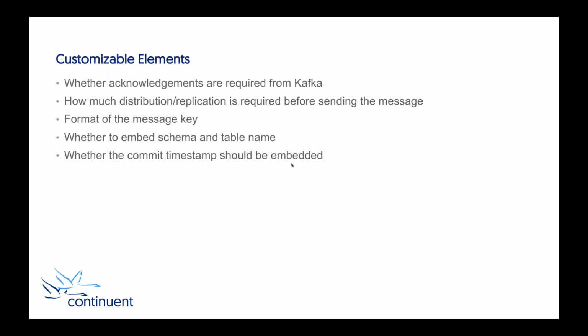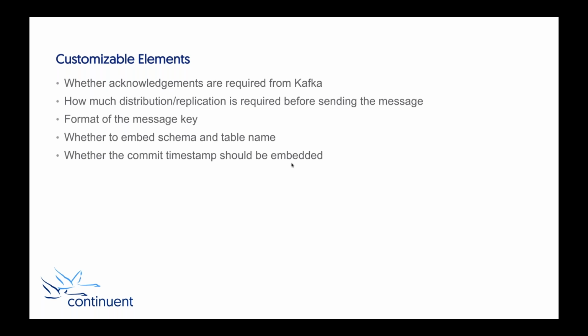So we can say we definitely have written this into the Kafka cluster before we move on to the next row. You can also configure the distribution of the replication. Again, Kafka is a clustered system. You can say, I want at least one copy of this to have been written to one of the Kafka servers in the cluster. You can increase that and say, I want it to have hit all of them before I definitely say we move on. And again, this assists with the transactional consistency.